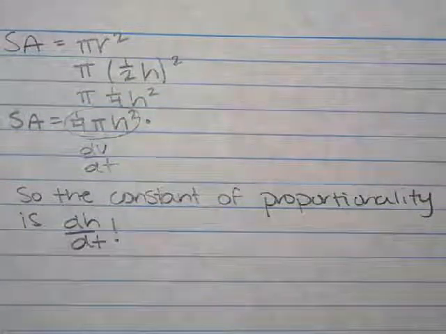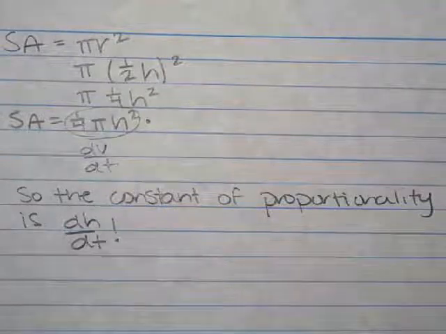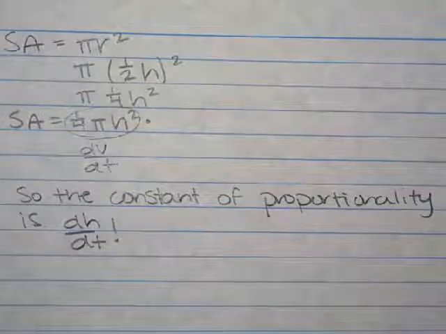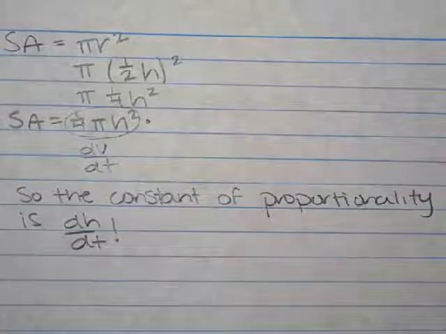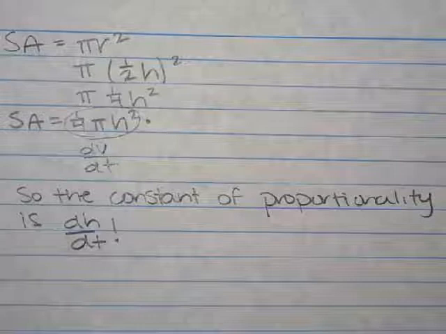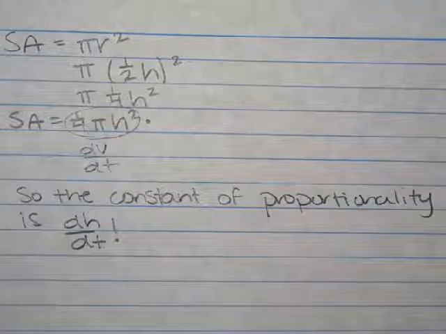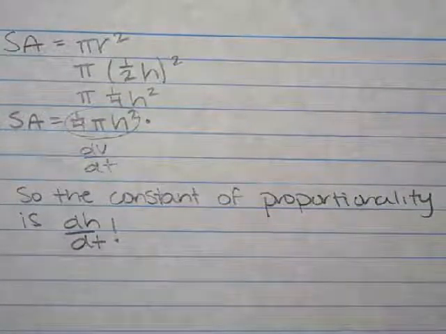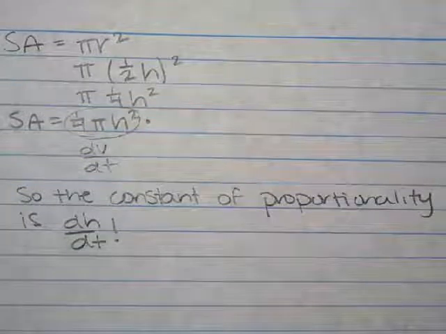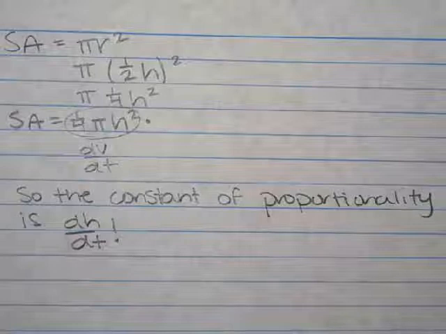So they're just saying that the deeper it is, the more exposure there is, and the bigger the surface area of the water is, so the more evaporation you're going to have. So if there's more water, if it's deeper, more surface area is showing. So they're directly proportional. That's what they're saying. And the constant of proportionality is that -3/10.